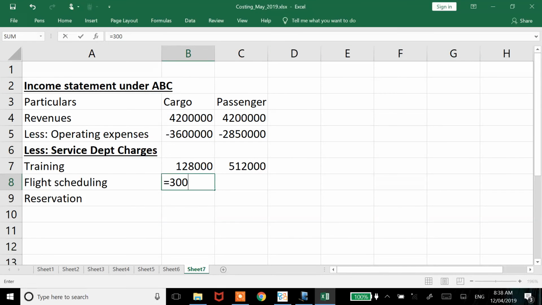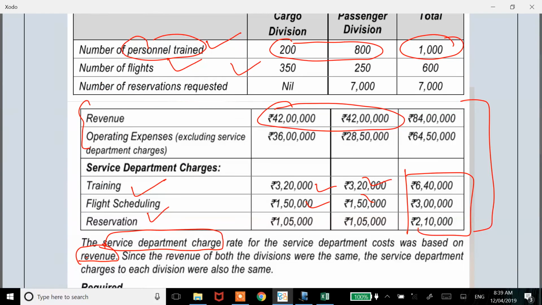Flight scheduling: 3 lakh divided by 600 into 350 and 250. Reservation will directly go to only one.